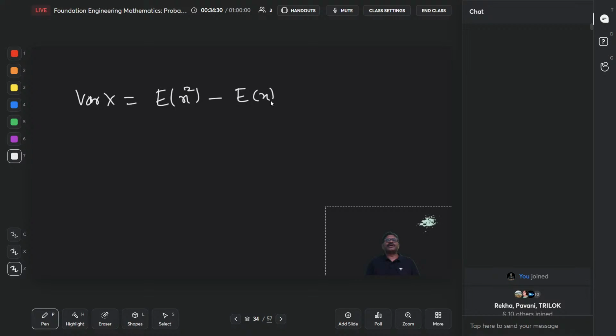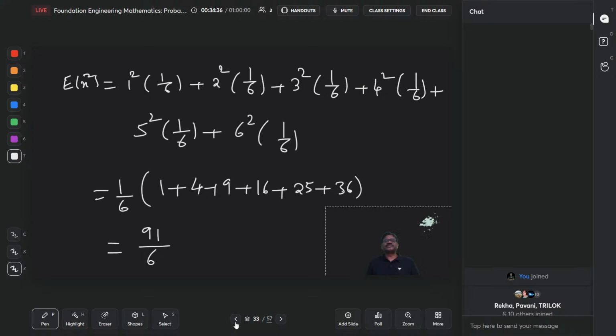Variance is expectation of X square minus expectation of X whole square. 91 by 6 minus 7 by 2 whole square.